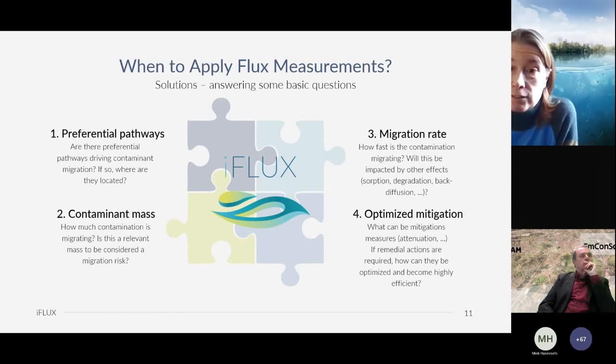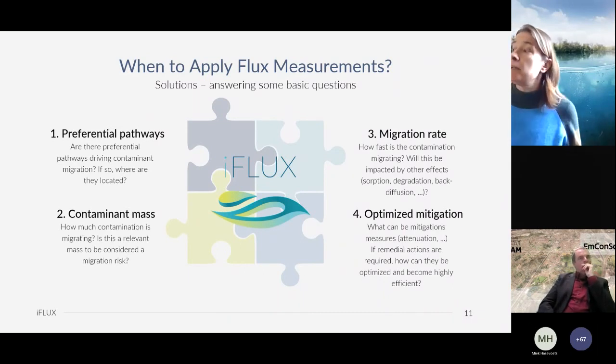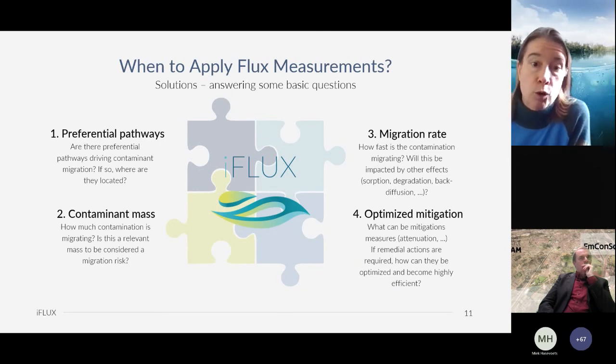And is this a risk for the downstream receptor? How fast is the contamination spreading? And are there other processes that impact the spreading of the contamination? And how can mitigation or remediation measures be improved or optimized to be the most efficient?